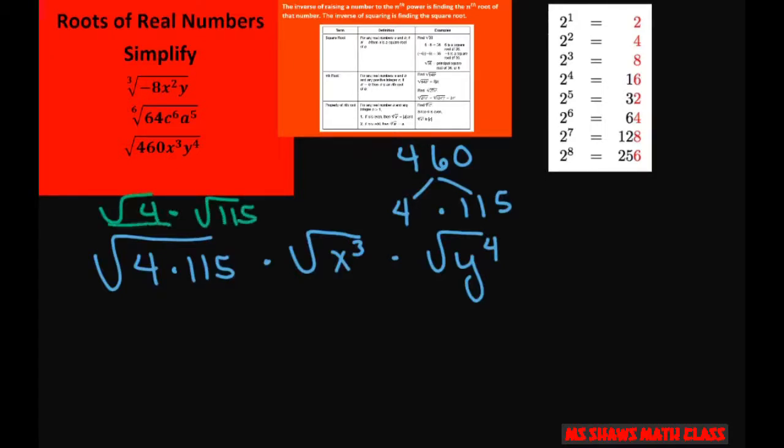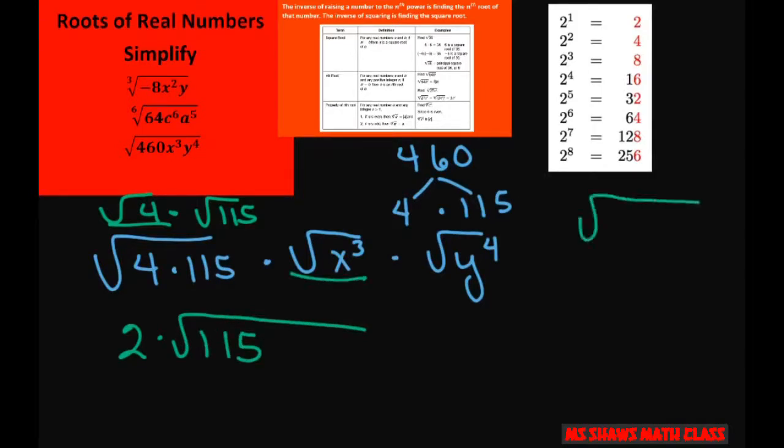So the square root of 4 is just 2. So you have 2 times the square root of 115. For this one, I can write this as the square root of x squared times x, or the square root of x squared times the square root of x. So I can pull out, the square root of x squared is just x.